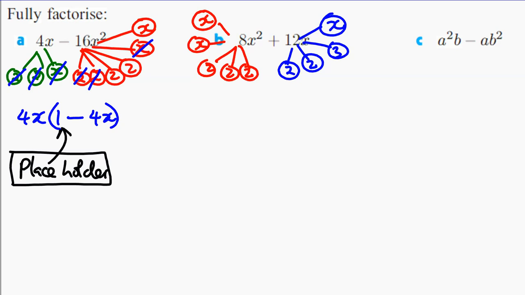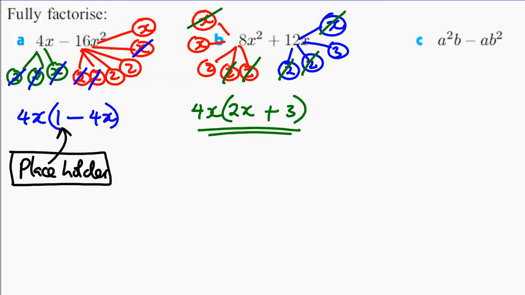So what's common here is 2 and 2, and then we have x. So 4x is our highest common factor. What remains is 2x on the left, plus 3 on the right. So it's 4x into bracket 2x plus 3. Final answer.